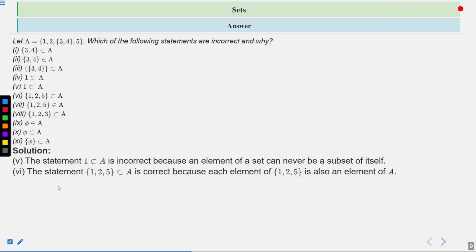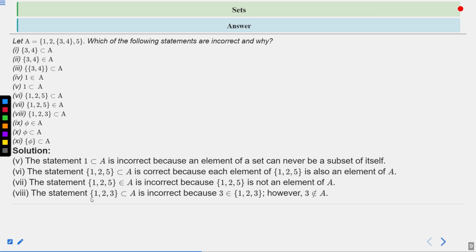Now for sixth, the set with elements 1, 2, 5 is indeed a subset of A, because all elements 1, 2, 5 from this set belong to set A. For seventh, the set {1, 2, 5} belongs to A. No, incorrect, because it is a subset, not treated as an element. Clear? So incorrect statement.